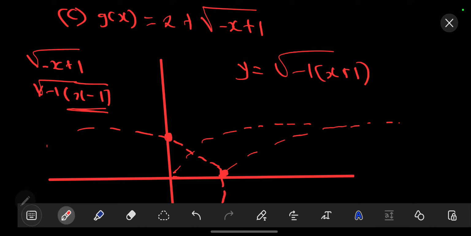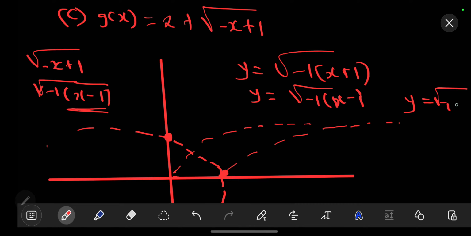At the y-intercept, x is equal to 0, so y is equal to the square root of -1 times 0 plus 1, considering only the positive.